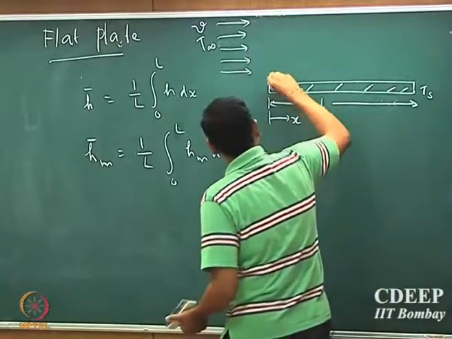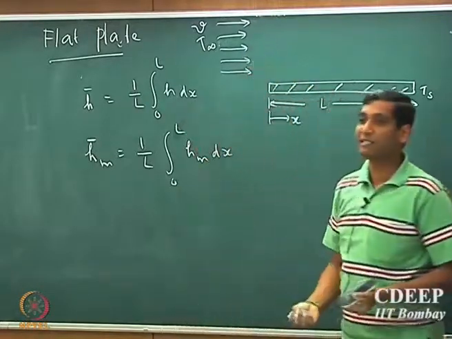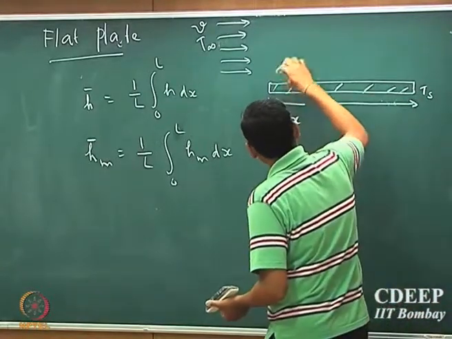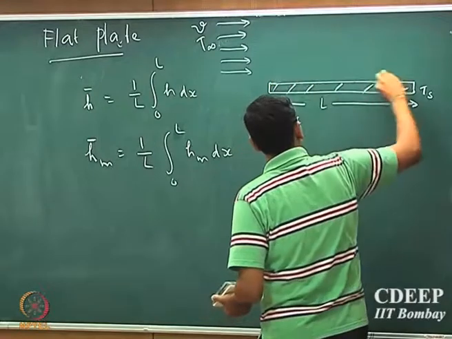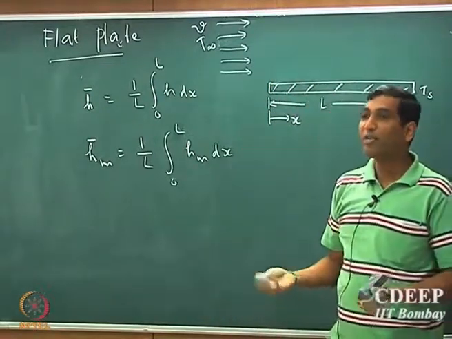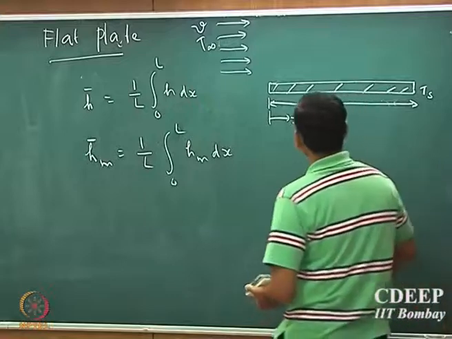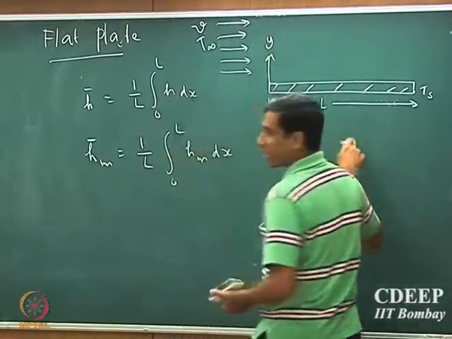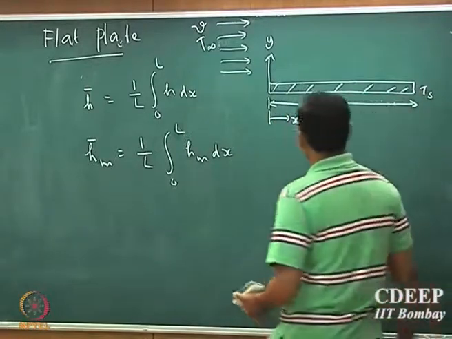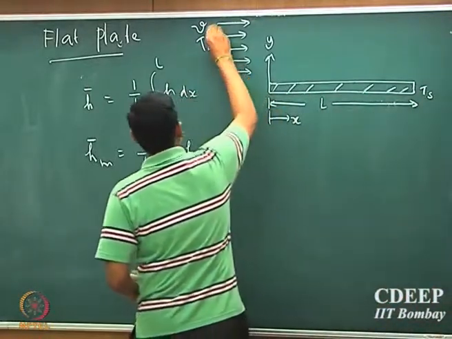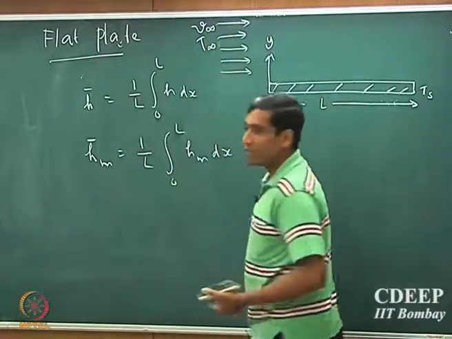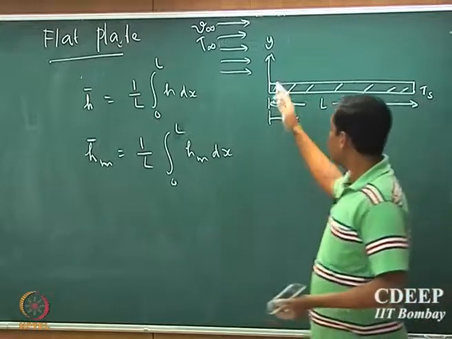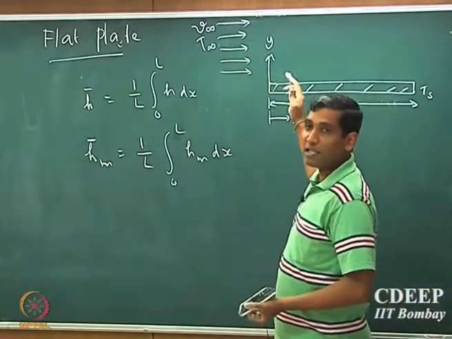So as soon as the fluid starts seeing the flat plate, what will be the velocity of the fluid at the boundary, at the interface? The velocity is 0, right. Suppose I call this the y direction and this the x direction, and I specify that u or v infinity is the velocity of the free stream fluid, that is, before the fluid actually sees the flat plate.